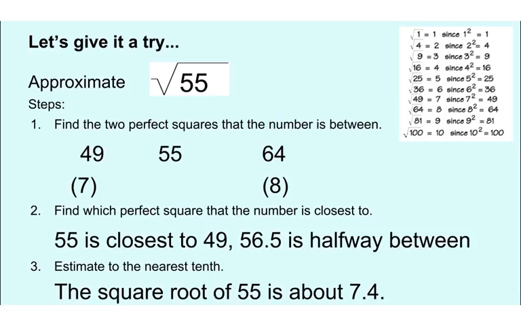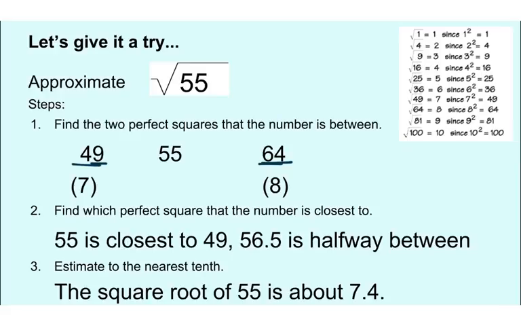So we're going to look at the square root of 55. We're going to approximate it. Here's what I know about the square root of 55. It's not a perfect square. So I'm going to follow the steps. I'm going to find the 2 perfect squares that this number is in between. I have a chart up here, and I look through and I see that 49 is smaller and 64 is bigger.